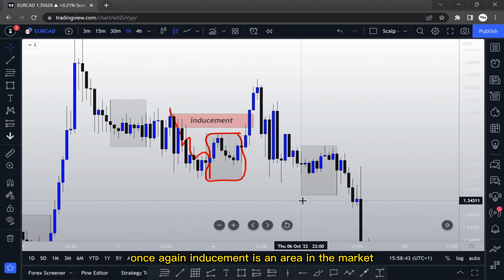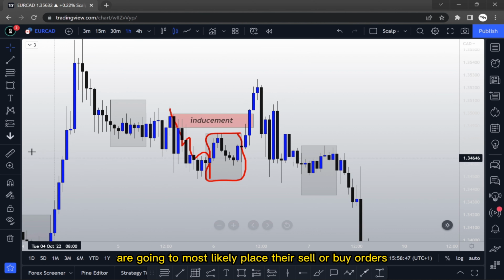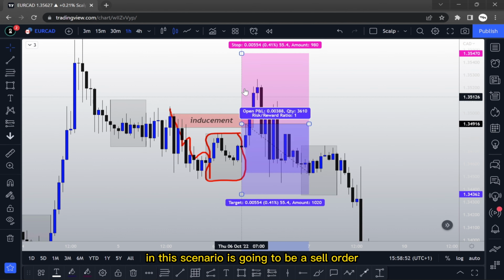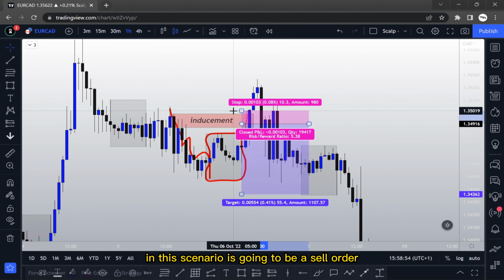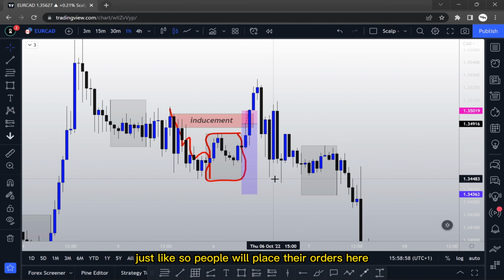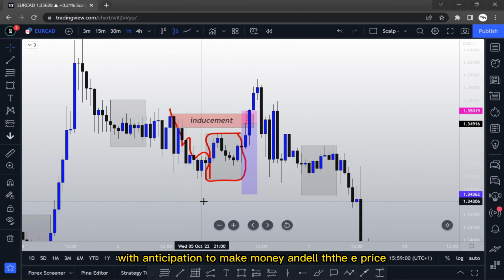Once again, inducement is an area in the market where people are going to most likely place their sell or buy orders. In this scenario, it's going to be a sell order. Just like so, people will place their orders here with anticipation to make money at the third price.